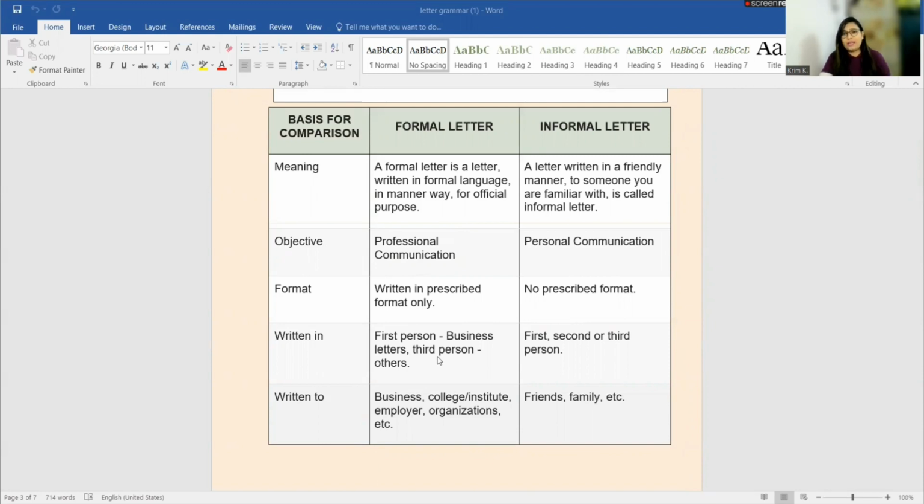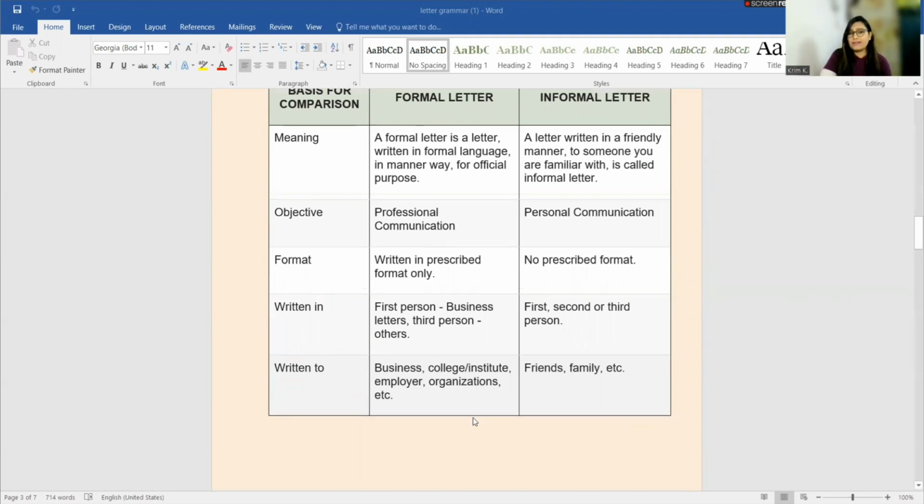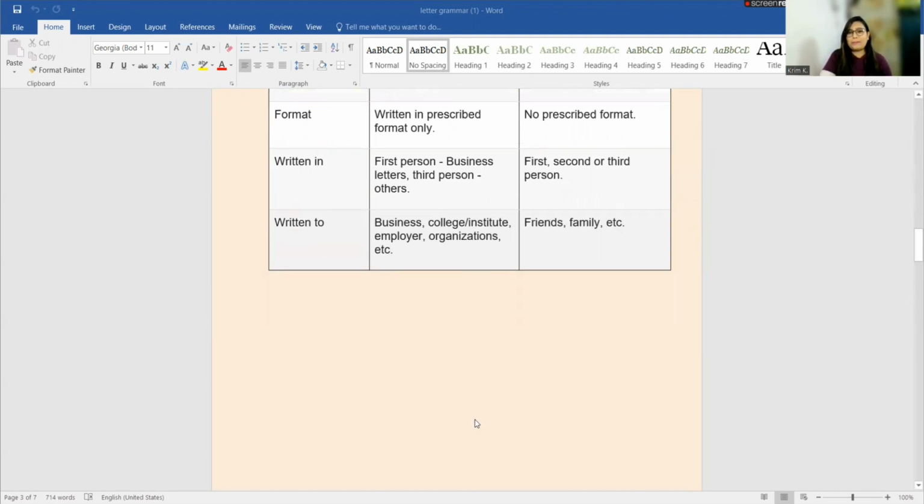An informal letter can be in first, second, or third person. Now, I'm going to show you to whom you have to write a formal letter: business, college, institute, employer, organizations, etc. An informal letter, you write to friends or family, etc.